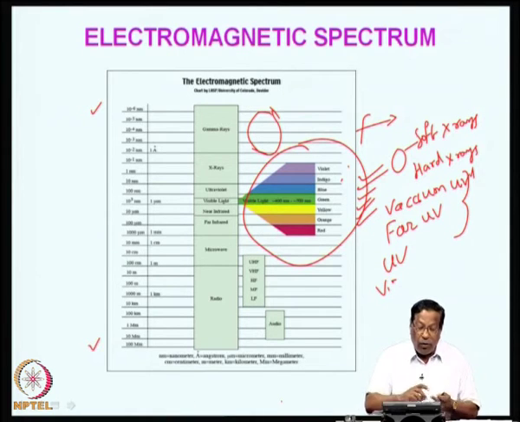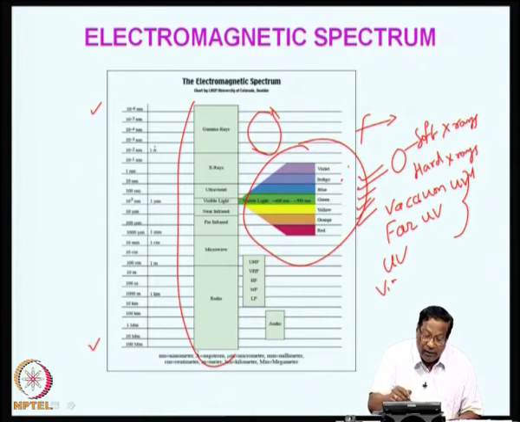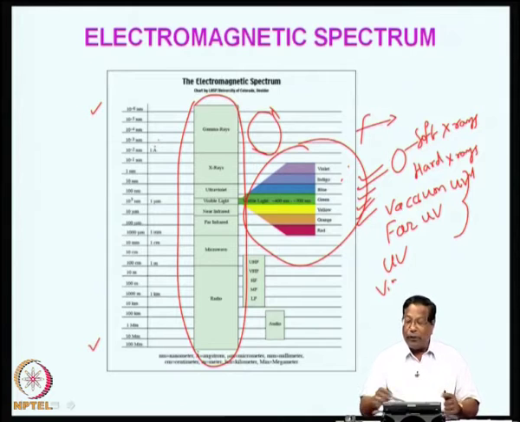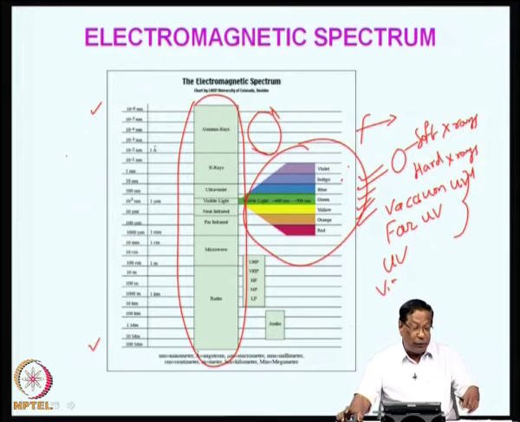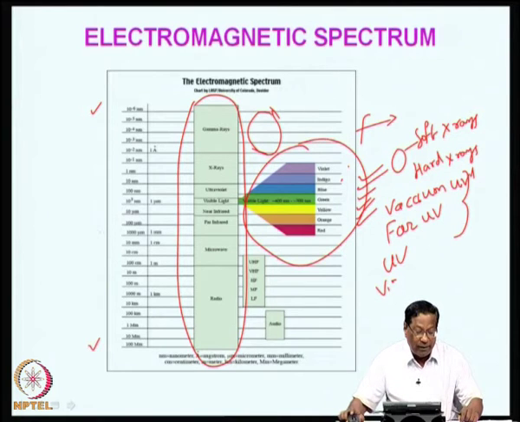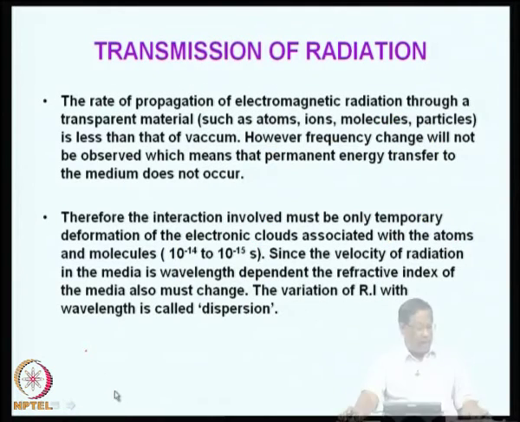You can see that all these ranges of electromagnetic radiation are used in one form or the other of spectroscopic determination. So, it is very important for us to know electromagnetic radiations.